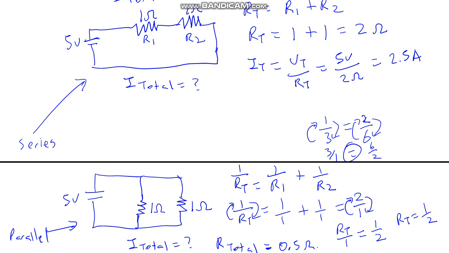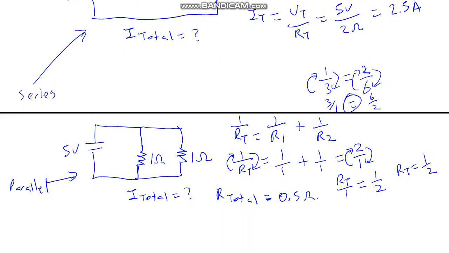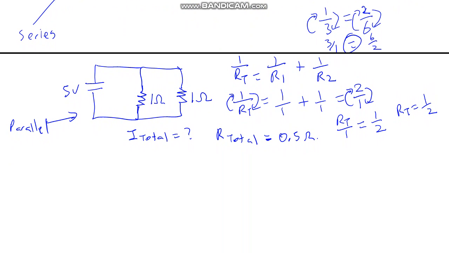Now that we know the resistance total is 0.5 ohms, we can figure out the I total. IT is equal to VT over RT. VT was 5 volts. RT is 0.5 ohms. So now you have IT that is 10 amps. Okay.